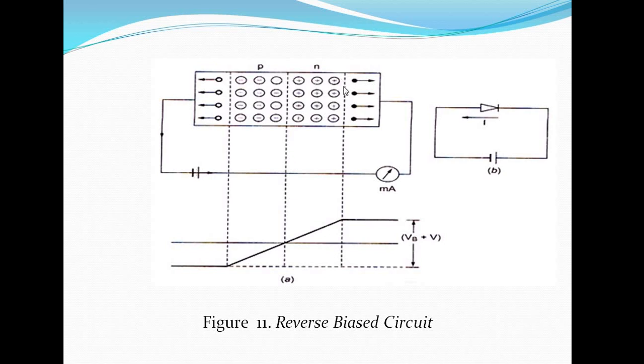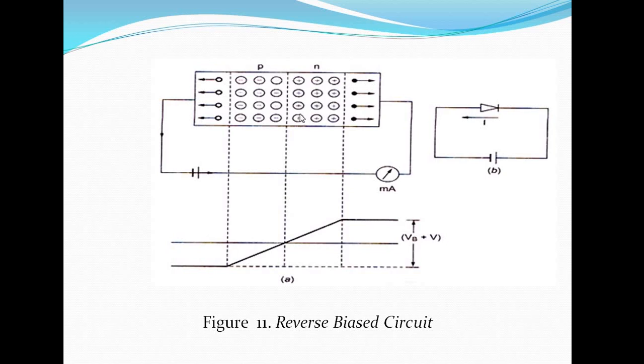The electrons and holes move away from the junction. Due to this, the potential barrier size increases, and due to the increase of the potential barrier, the current decreases.